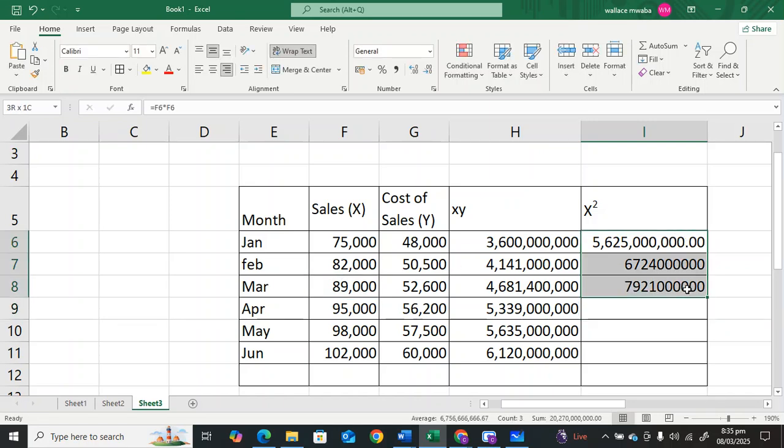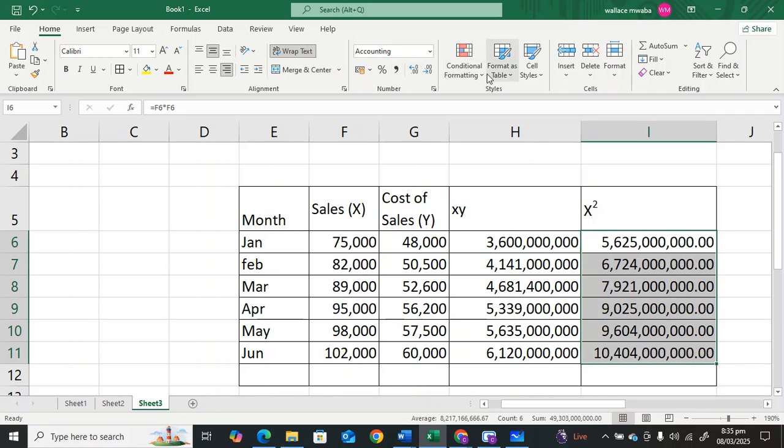You square all your x values, then you get your figures. Any questions, queries?